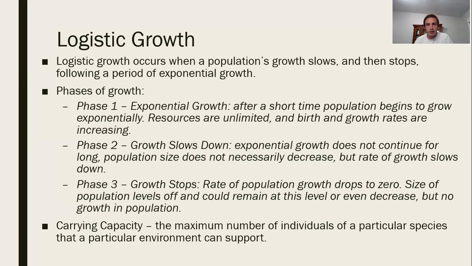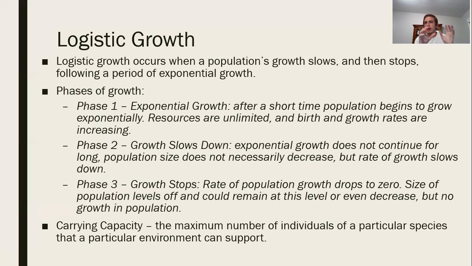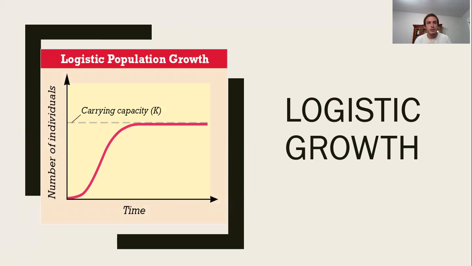And so logistic growth is going to be more of an S-shaped curve. You'll see that in a second. If you need to go back, if you need to pause here and then go forward, you can do that at any point. Remember, just hit pause and then keep going. So we see the S-shaped curve. We have that phase 1, which is that exponential growth. Then phase 2, we round off.